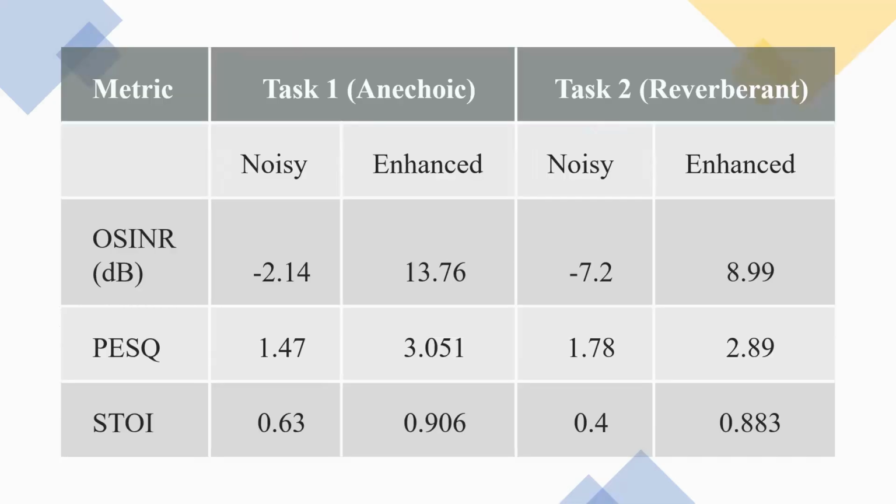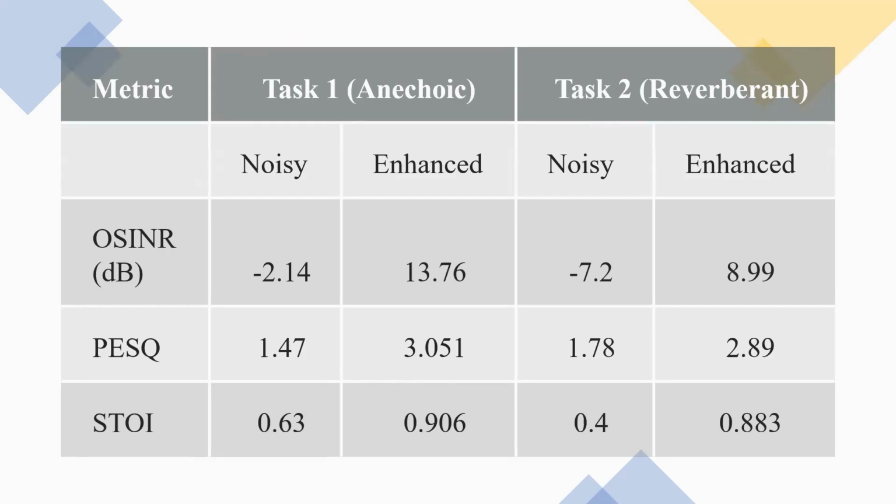Our approach delivers strong quantitative results. For task 1, the anechoic scenario, we achieved an OSINR of 13.76 decibel and a PESQ score of 3.051. And for task 2, despite the severe reverberation, we maintained high intelligibility with an STOI of 0.883 and an OSINR of 8.99 decibel.